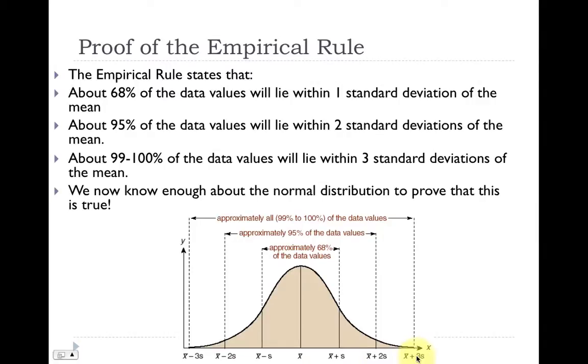We now know enough about the normal distribution to prove that this is true, because earlier in the semester I asked you to just memorize these values, 68, 95, and 99 to 100%. Now I'm going to prove to you where they come from.